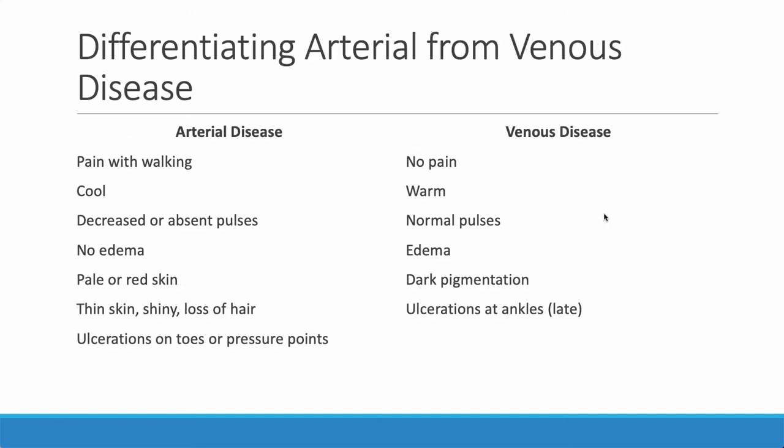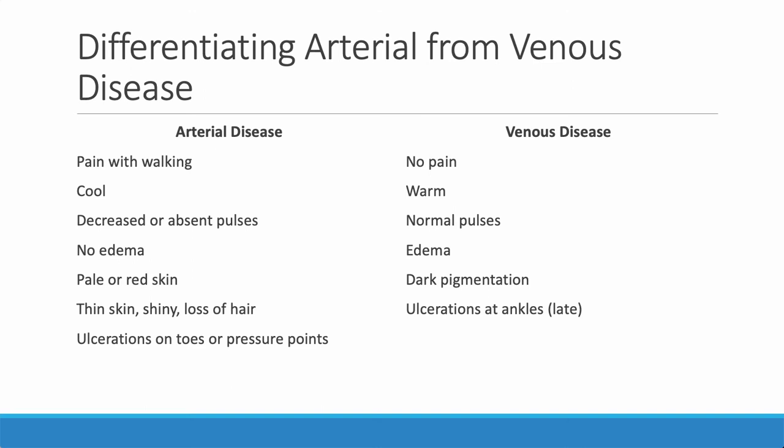Now, let's talk about the differences between arterial disease and venous disease. You learned these in undergraduate, but it's important to remember them now because now it counts, right? Now you need to be able to differentiate these things if you're a nurse practitioner, and this is how you do it. So typically, venous disease is painless. There's no pain that occurs with chronic venous insufficiency. You get good circulation. The blood flow gets to the distal extremity very well.